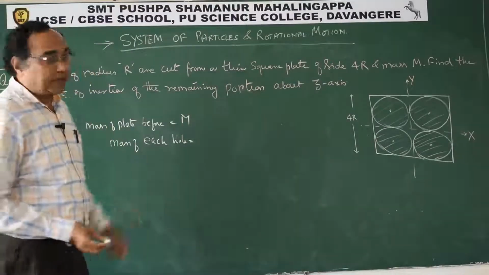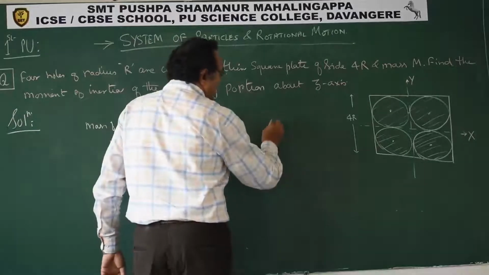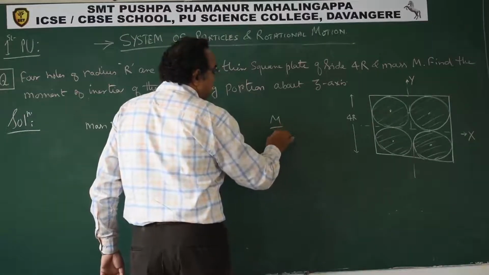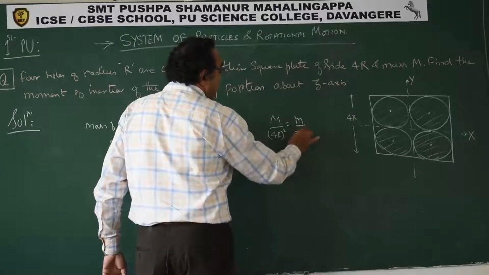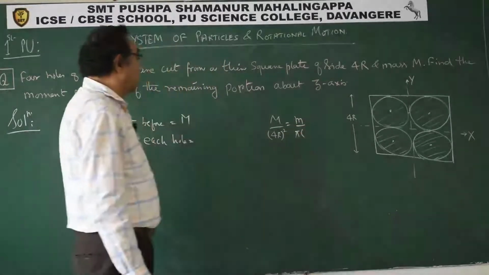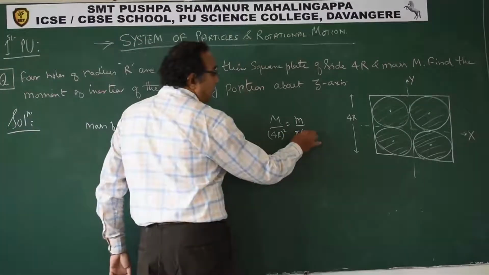Mass per unit area is going to remain constant. How will you find that? M by 4r whole square is m by pi. What is the radius of each? It says 4 holes of radius r. So pi r square.